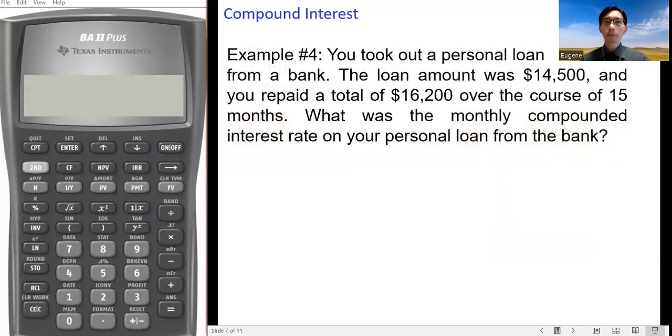The next example. You took out a personal loan from a bank. The loan amount was $14,500, and you repaid a total of $16,200 over the course of 15 months. What was the monthly compound interest rate on your personal loan from the bank?